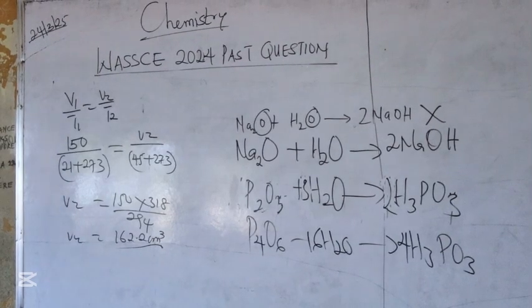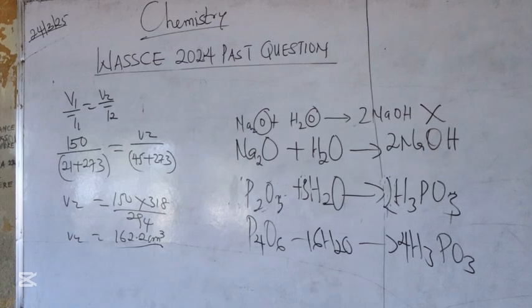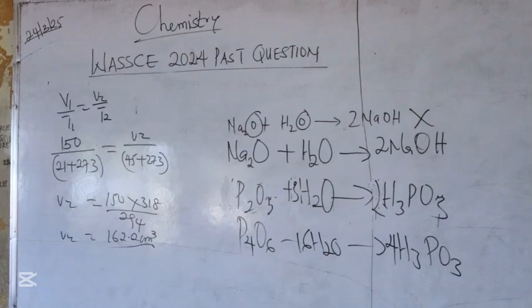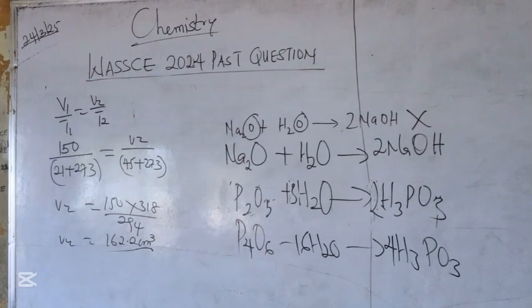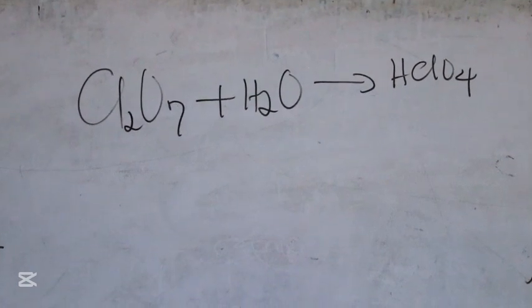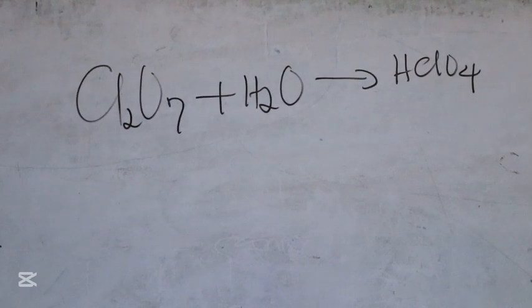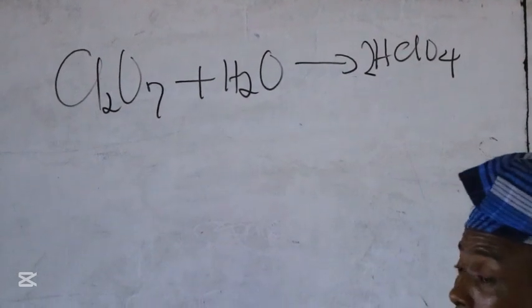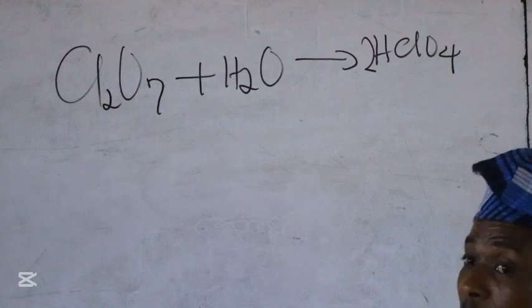Do you have anybody that can write the equation for us of the reaction that occurs when chlorine 7 oxide dissolves in water? What do we do to balance the equation? If 2 is there, is the equation not balanced? The equation is balanced.